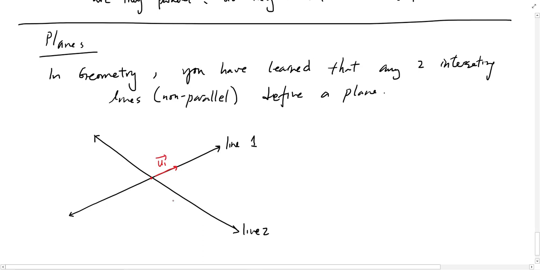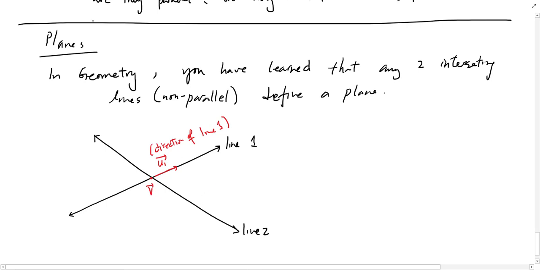So I'm going to call this direction vector u1 to indicate the direction of line number 1. And we'll call this point vector v. And notice I didn't put a subscript underneath it because I intend to use the same point for line 2. So therefore it doesn't matter.